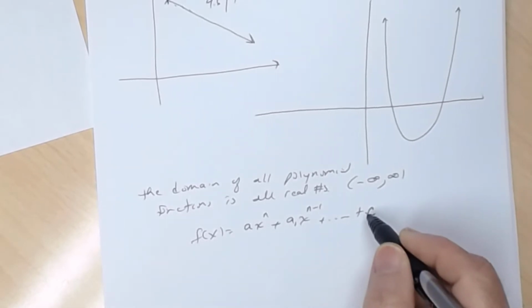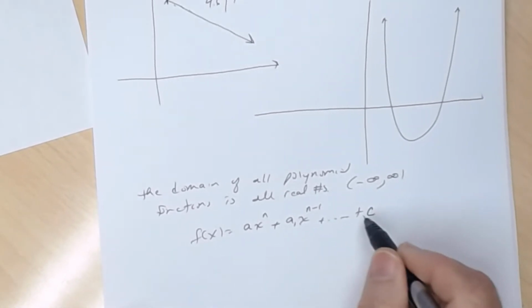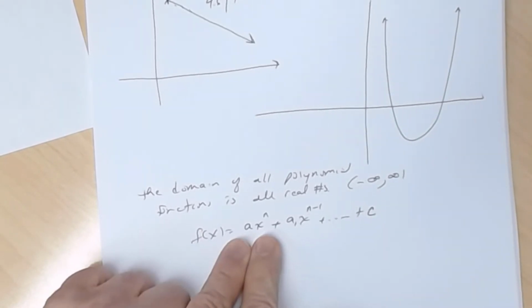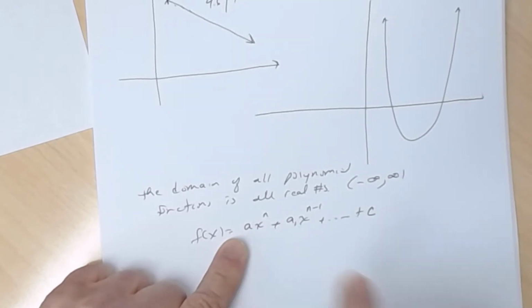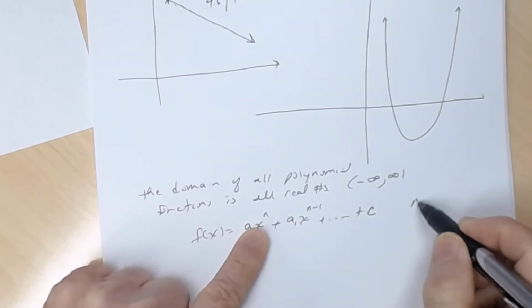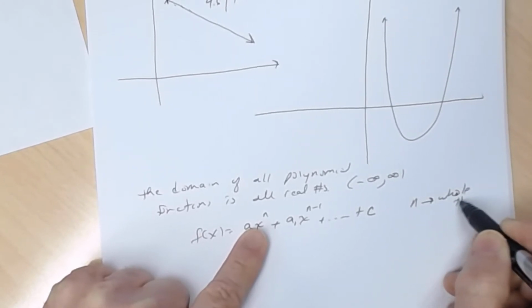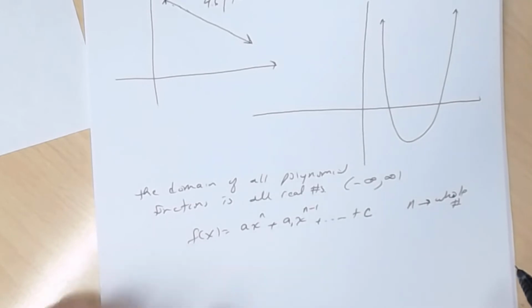If there's no constant listed, then the term is understood to be a 0. Each term is going to have some coefficient times a variable raised to a whole number power. So n will have to be a whole number.